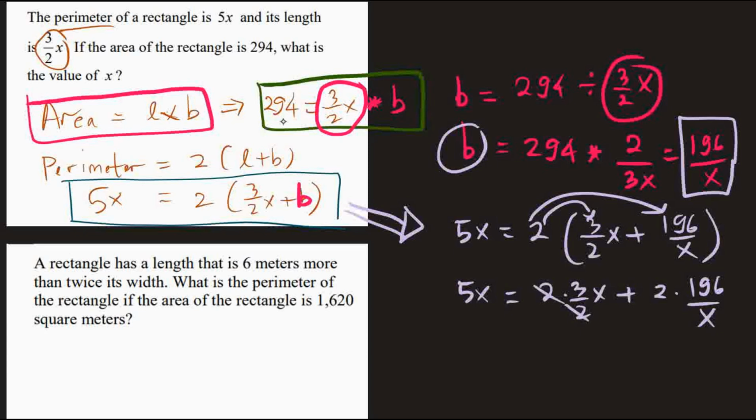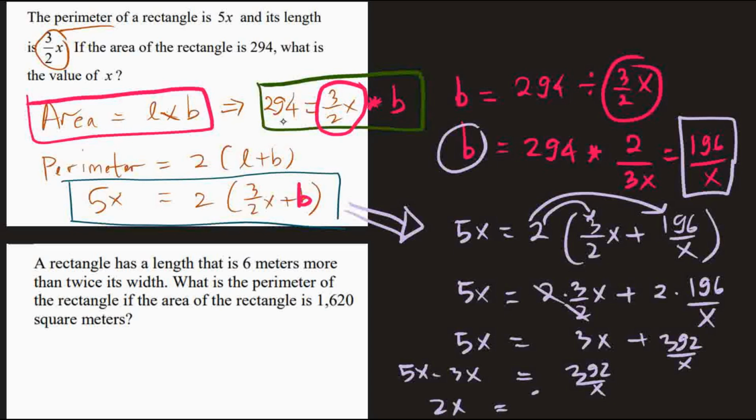So we can cross for 5x. And here equals to 3x plus 2 times 196 is 392 over x. Now we go here, 5x minus 3x is equal to 392 over x, and then 2x is equal to 392 over x.